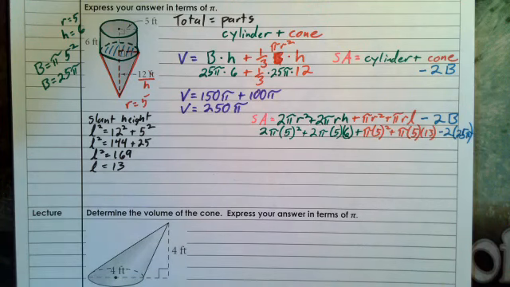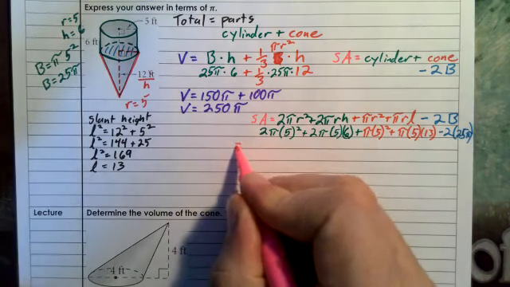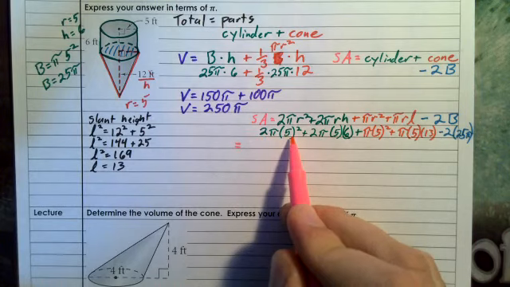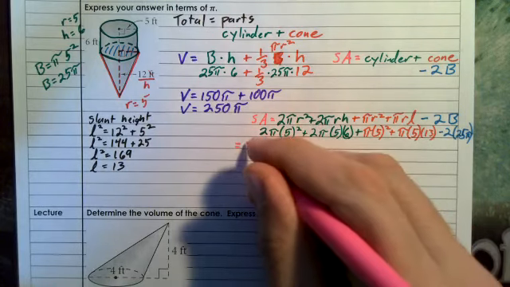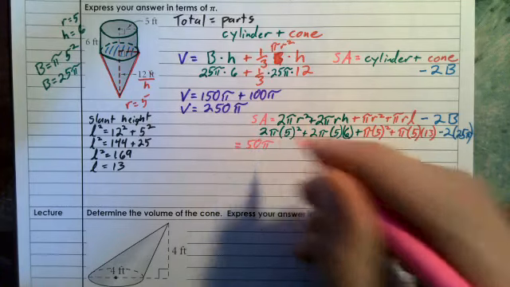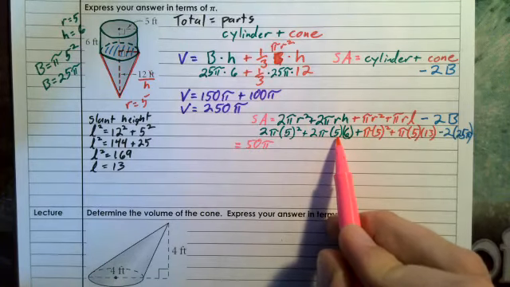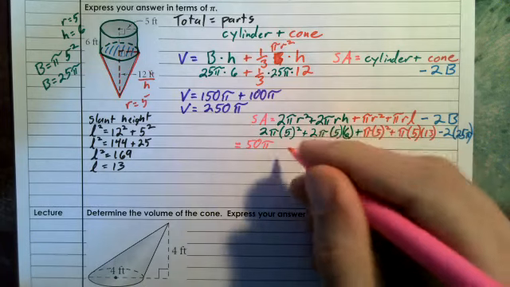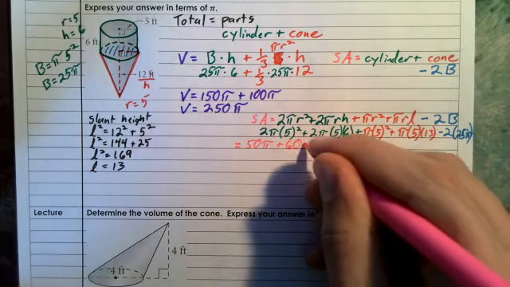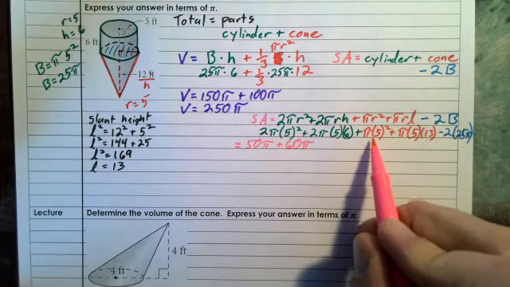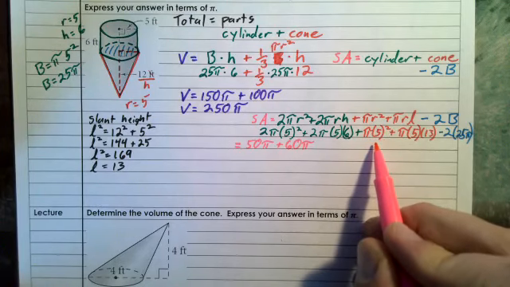All right, let's simplify that down, eh? So 2 times 5 squared. 5 squared is 25. That's 50 pi. 2 times 5 is 10. Times 6 is 60 pi. 5 squared, that's 25.